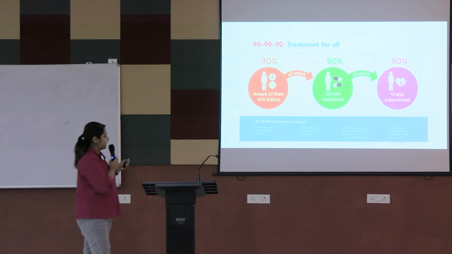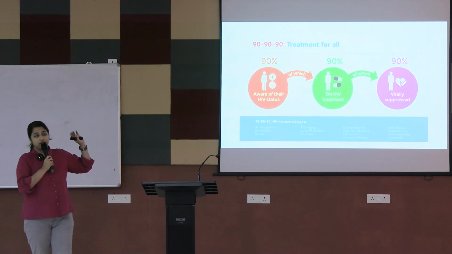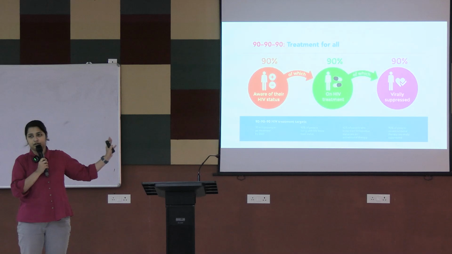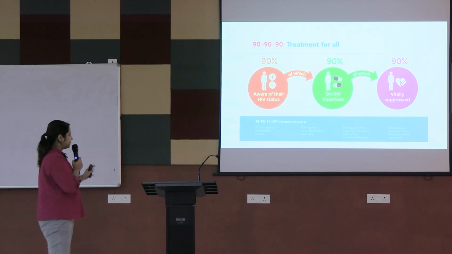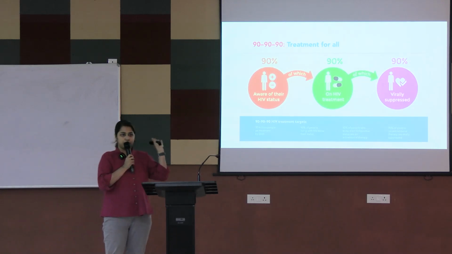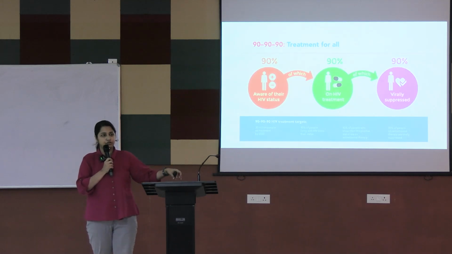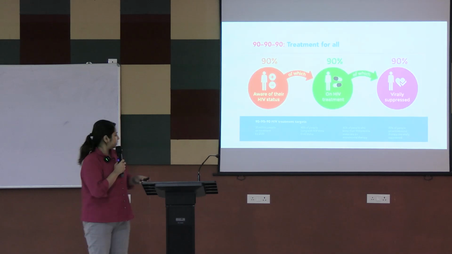This was the standard that we were trying to achieve by 2020. By 2019, though, the stats were 81% knew their status, of which 82% were on treatment, of which 88% were virally suppressed.